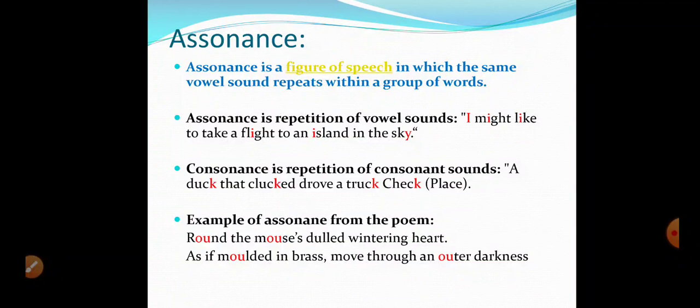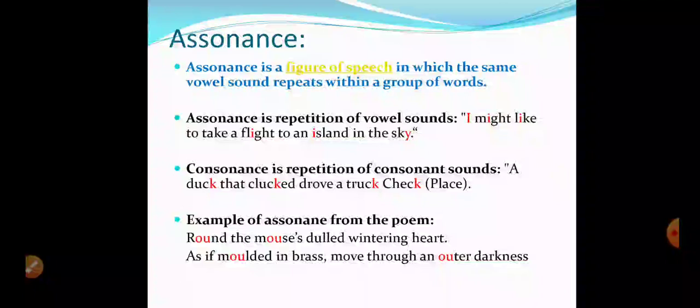You might be viewing that mold, OU. There's also another OU in through. But how do we read it? Mold, through. Through is not pronounced like that. So the sound doesn't match. Though the letters OU are there, the sound is different. Molded, outer. So this is an example of assonance.